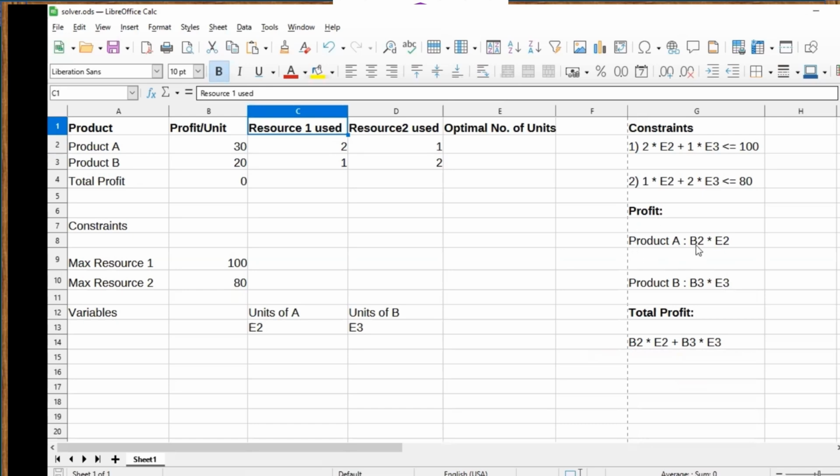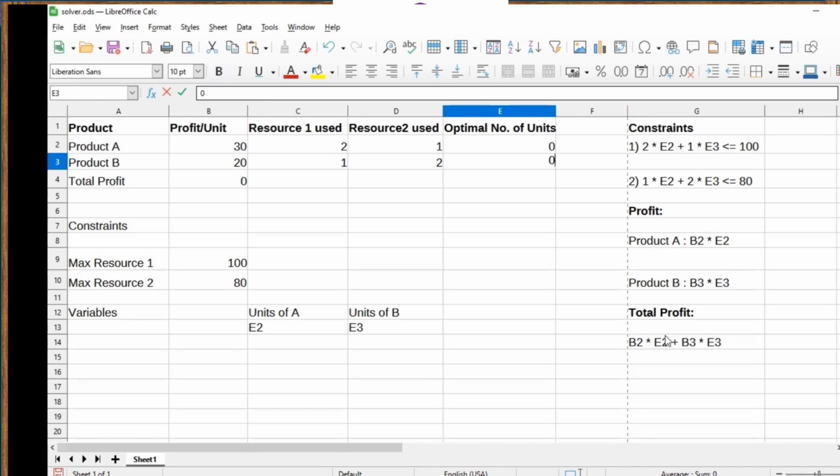The profit from product A is the profit per unit of product A multiplied by the number of units of product A. E2 will have the optimal units of product A, initialized to 0. The profit from product B is the profit per unit of product B multiplied by the number of units of product B. E3 will have the optimal units of product B, initialized to 0.